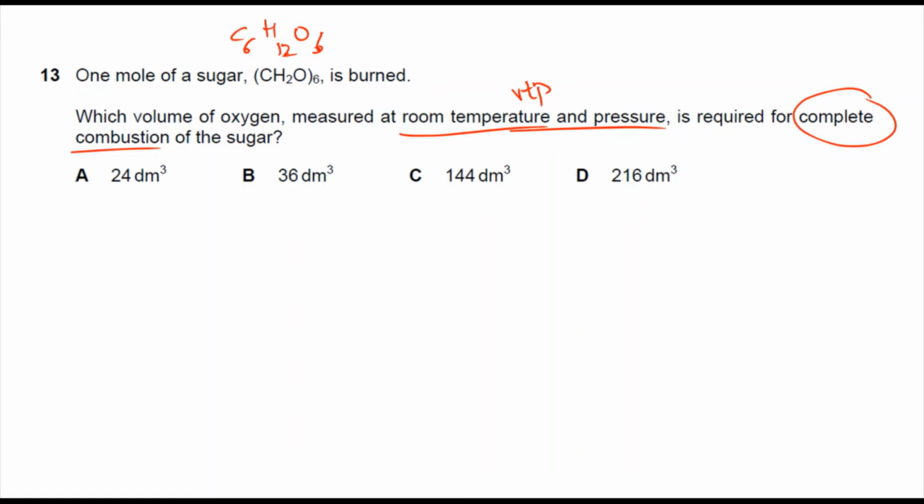Let's form the combustion equation for glucose. C6H12O6 plus oxygen giving me CO2 plus H2O. 6 carbons, 12 hydrogen, and then I have 12 plus 6, 18 oxygen on this side. 6 oxygen are already in here, remaining 12, so 6 here because that makes it 12.